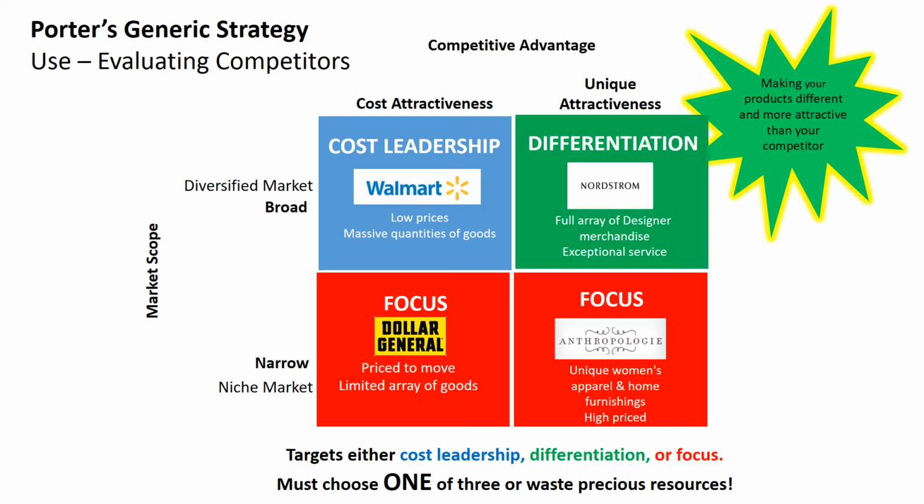The horizontal axis of competitive advantage ranges from a focused element, such as cost attractiveness, to a differentiated focus, such as unique attractiveness, which would include businesses like Nordstrom at the broad market level and Anthropologie at the niche level.